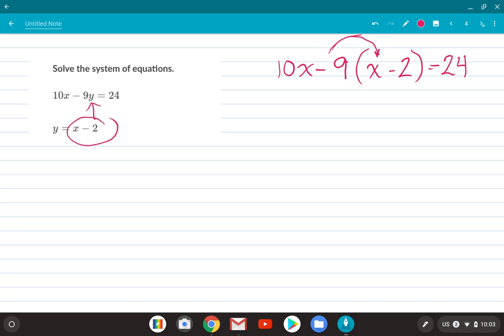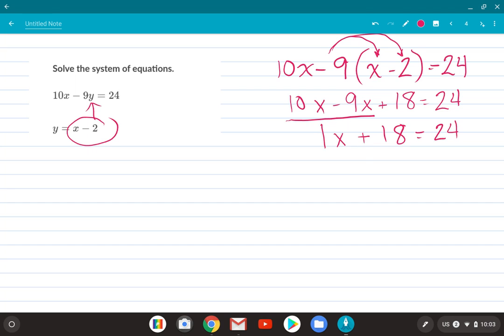Negative 9, you multiply to both of them. So 10x minus 9x plus 18 is 24. 10x minus 9x. Didn't I tell you the numbers were going to get a lot easier? 1x plus 18 equals 24, minus the 18. And then x, or 1x, is just equal to 6.